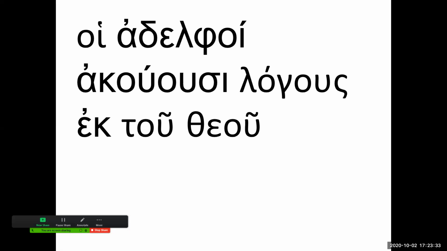So I hope that this helps you to understand that Greek is inflected, and that nouns especially, we decline them. And the case in which a noun is declined tells us its function in the sentence.